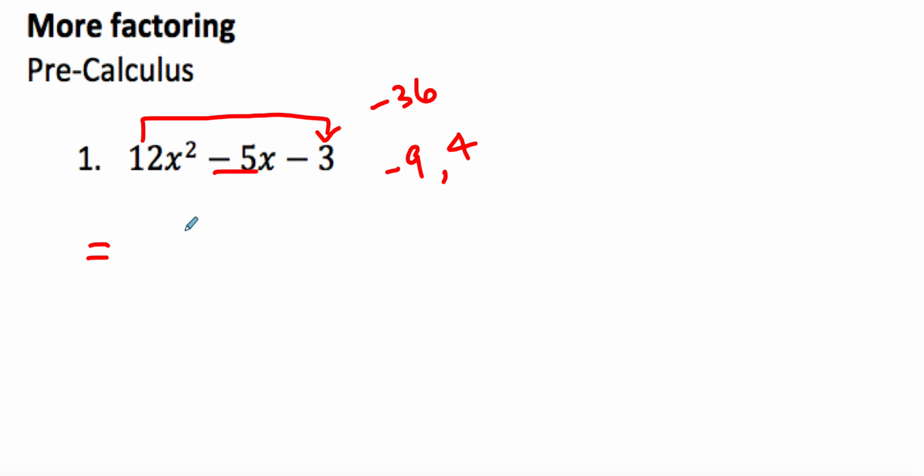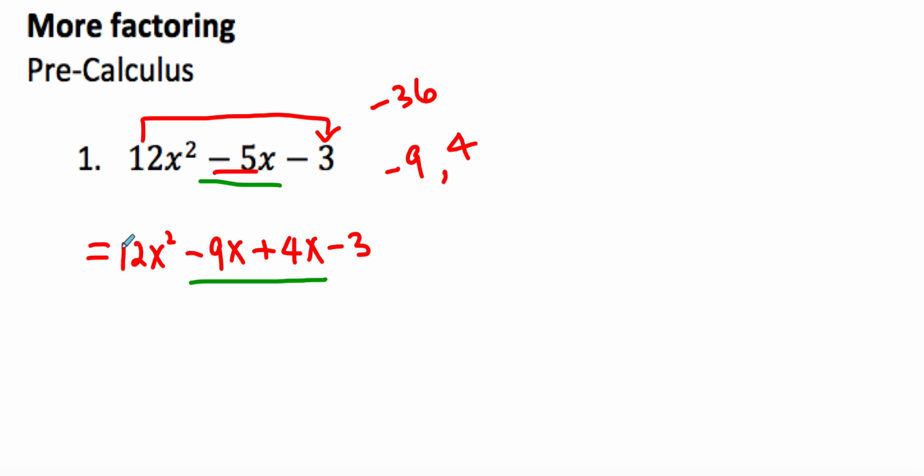Then we know that this expression is equal to 12x squared minus 9x plus 4x minus 3. As you can see, I'm just rewriting negative 5x into these two terms.